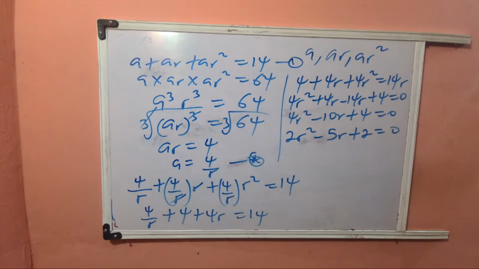So when you multiply, we get 4. What values are those going to be? Multiply, we get 4. What are our factors?